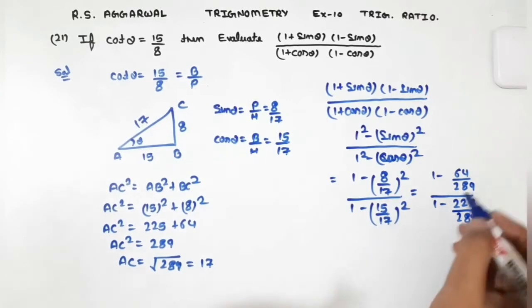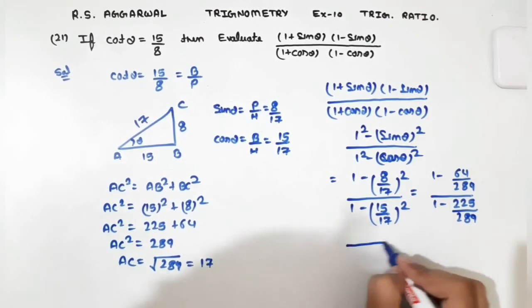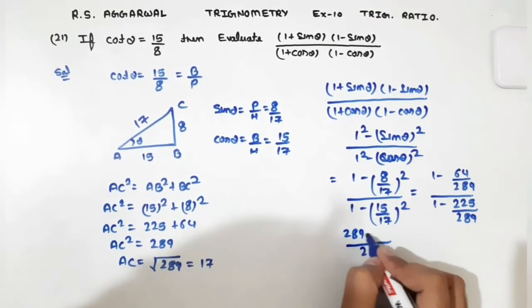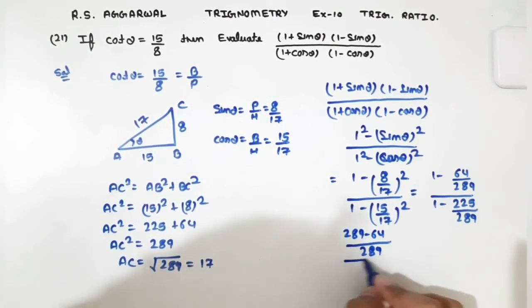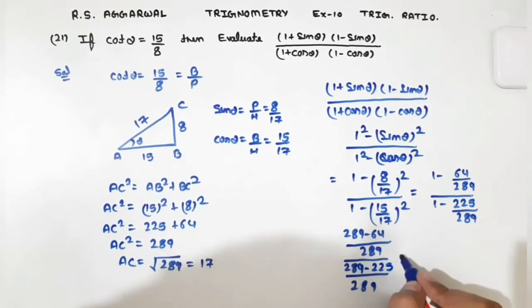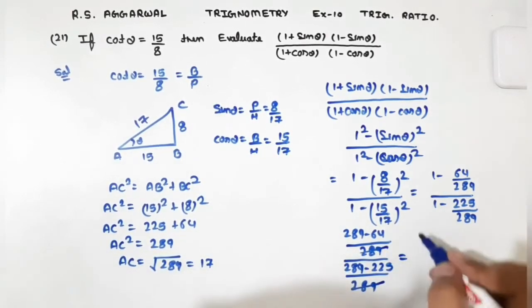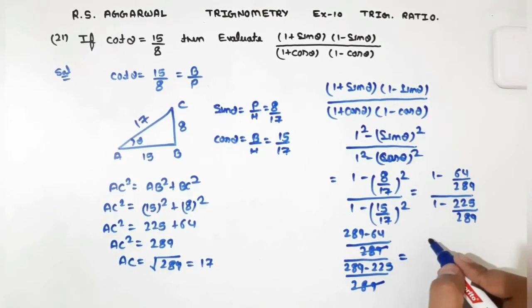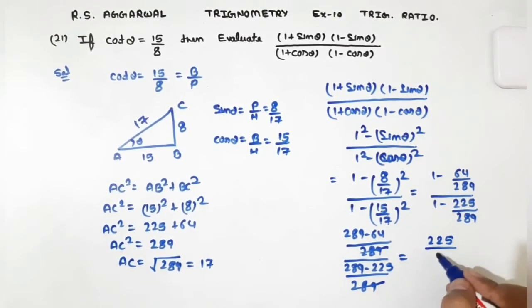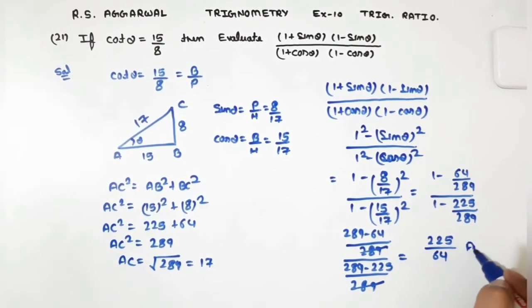So from here 289 will be the LCM: 289 minus 64 upon 289, and 289 minus 225 upon 289. So 289 will be cancelled out. 289 minus 64 will be 225 and 289 minus 225 will be equals to 64. This is our answer.